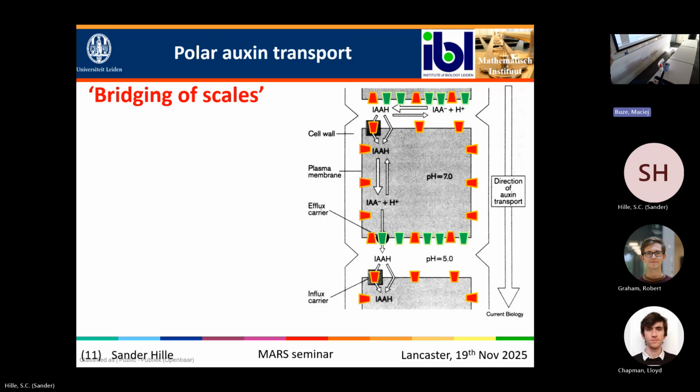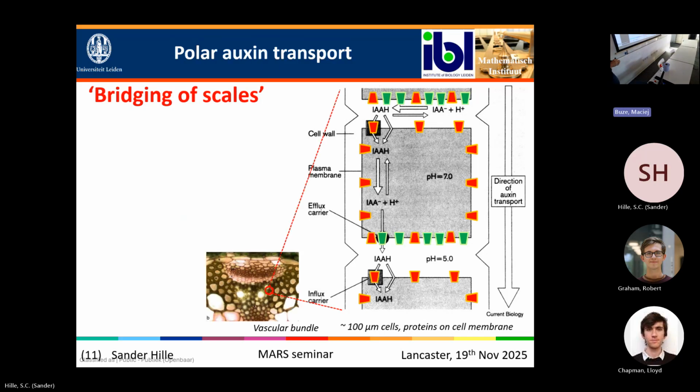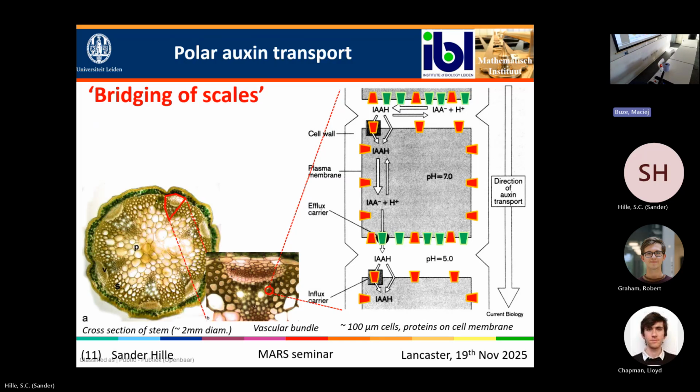In modeling this whole process, you need to bridge scales. On this side, we have 100 micrometer long cells, but we also need to consider the microbiology of the transport through the cell membrane, which is a few nanometers, about 10 nanometers. Then these files sit in these vascular bundles, and they are part of the cross section of, say, 2 millimeters diameter.